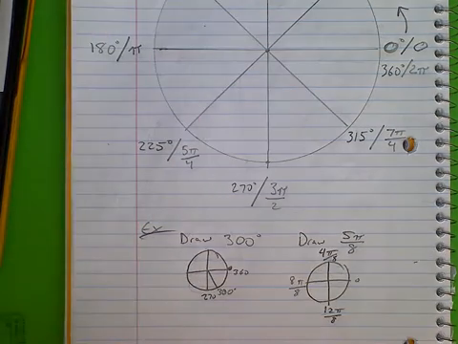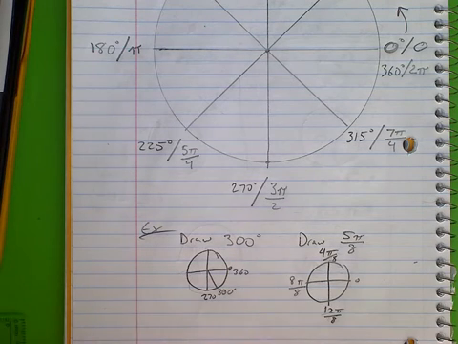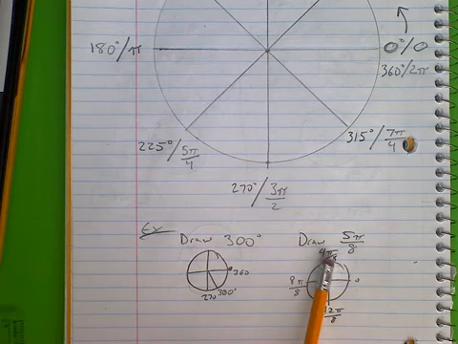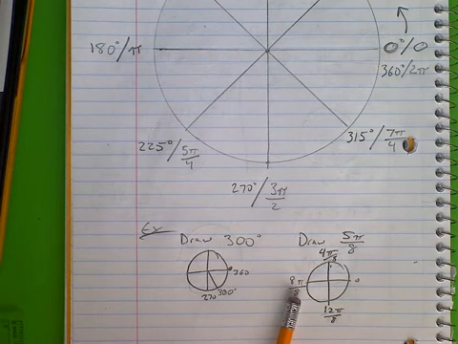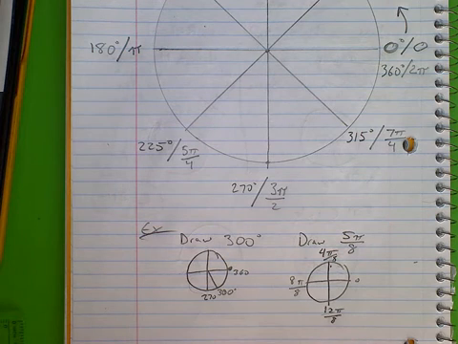Okay, now it makes it really easy to tell which quadrant this is going to be in. So 5 eighths, would that be between? That would be between 4 and 8, right? Between 4 eighths, which is half pi, and between 8 eighths, which is 1 pi. And is it closer to 4 or to 8? It's closer to 4.